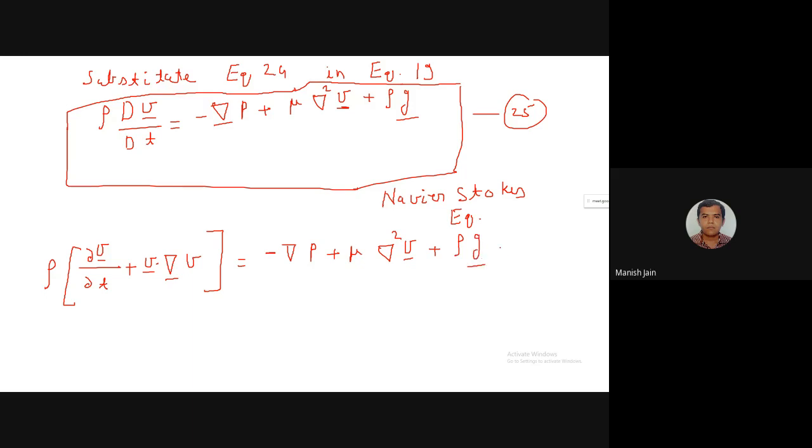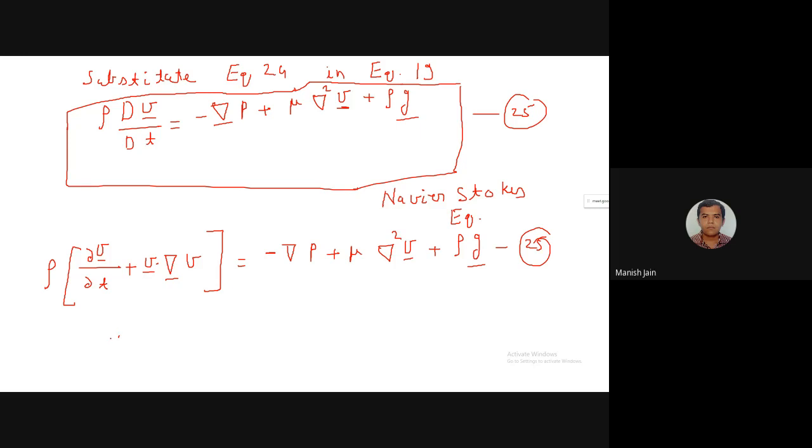So this is also equation number 25, the same equation in simple derivative terms. This works when you have a Newtonian and incompressible fluid. For a non-Newtonian or compressible fluid, you have to use the original equation of motion.